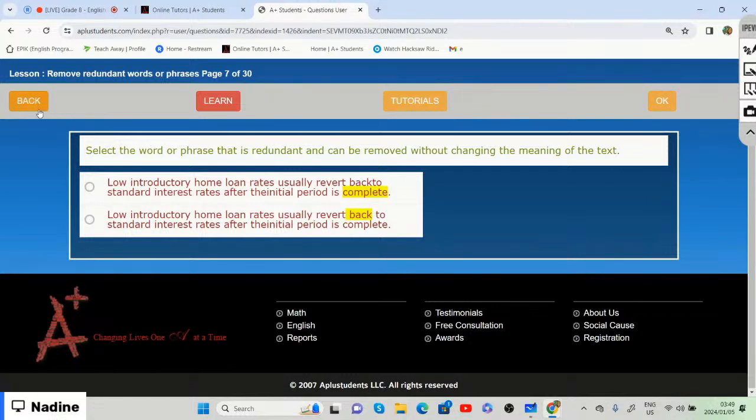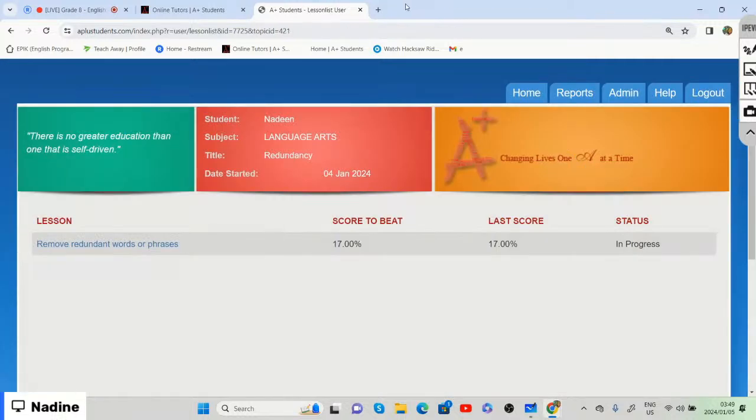All right, so this is now the end of our lesson on redundancy. Redundancy is basically words that are repeated within a sentence. It is words that are similar in meaning. Sometimes words that are similar in meaning are added or written within a sentence, and it basically just brings about redundancy. Those two words that are similar, we call that redundant.